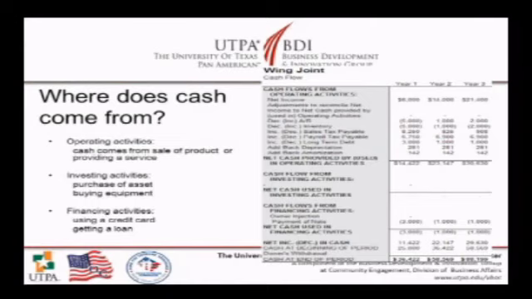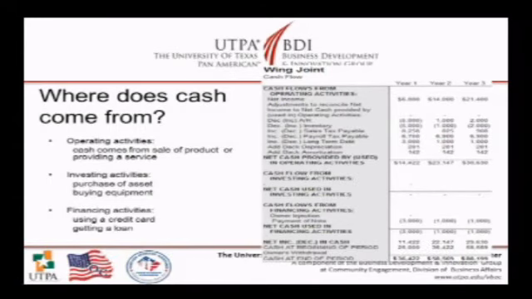If you look at the very bottom, it adds all those up together, and it shows that the cash at the end of the period is $36,422. So just to go over that, for operating activities, you made $14,422. There's no investing activity, so you didn't buy any assets here.